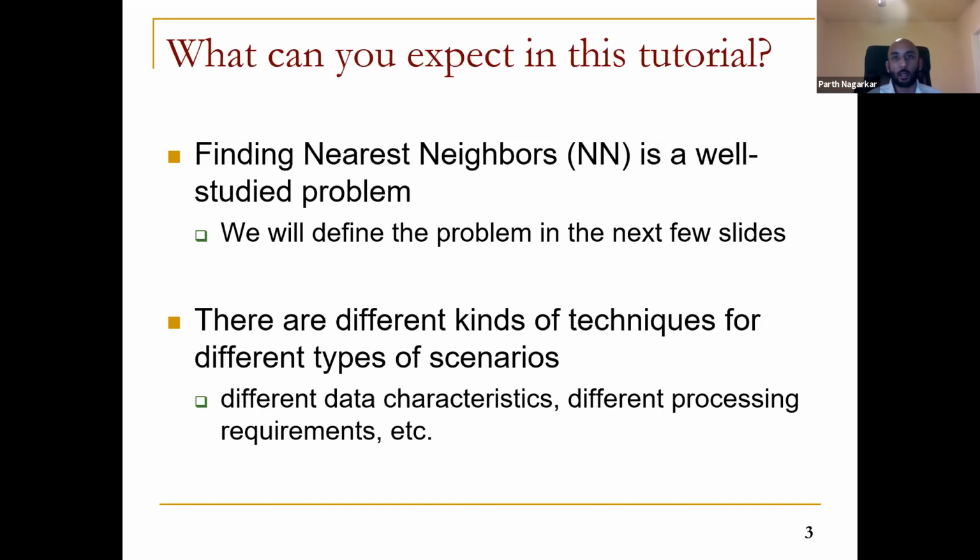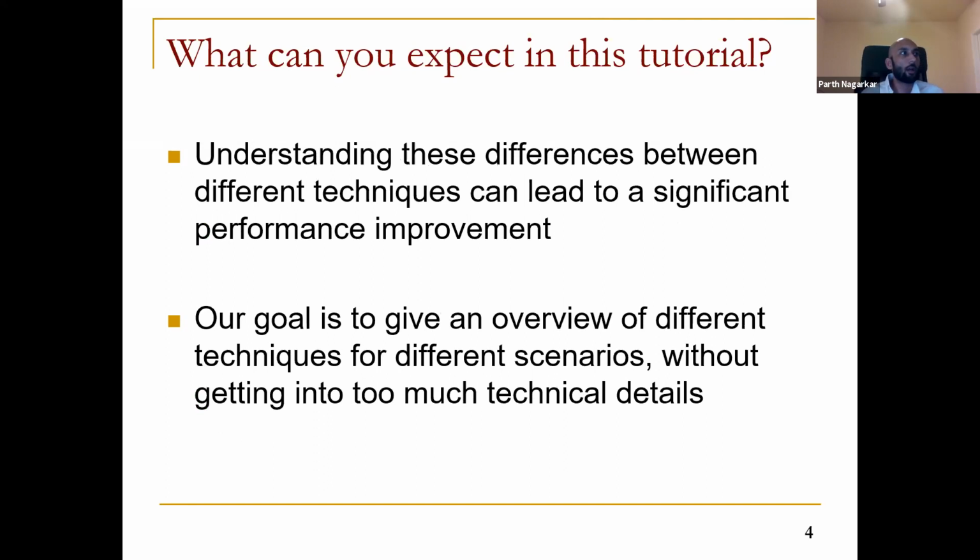So there are many techniques to tackle these different scenarios. There is no one size fits all solution in the nearest neighbor domain. The main goal of our tutorial is to explain the differences between these techniques, and to show that once you understand these differences, you can decide which technique you should be applying to your specific application scenario.